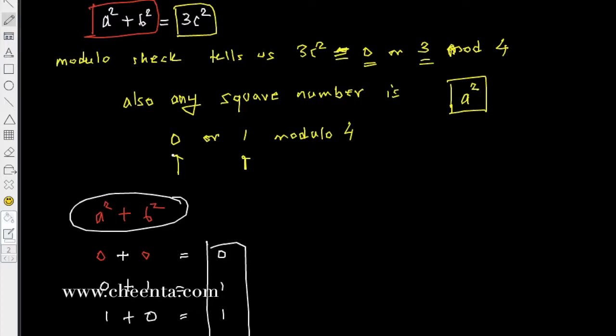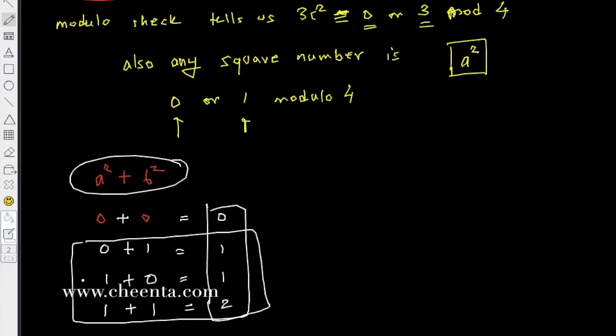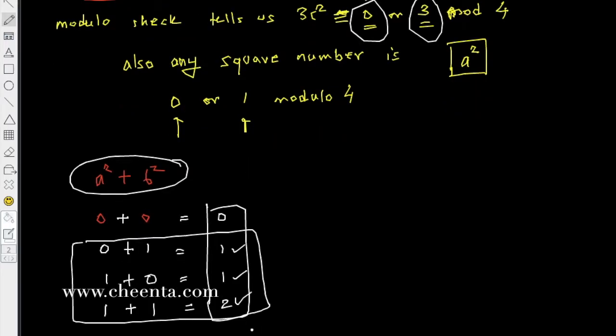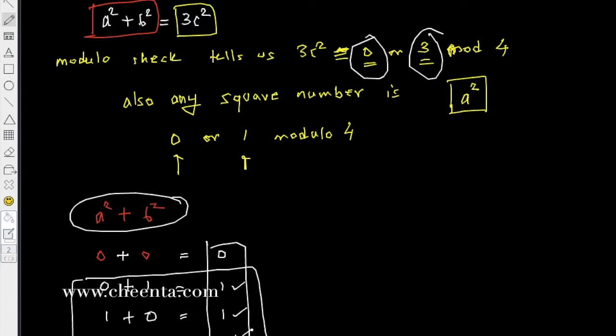Alright, so the good news is that these three things cannot happen, right? Because remember that the right hand side is 0 or 3. So these are neither 0 nor 3. These are 1, 1 and 2. So these cases cannot happen. The only case that can happen is the first one.